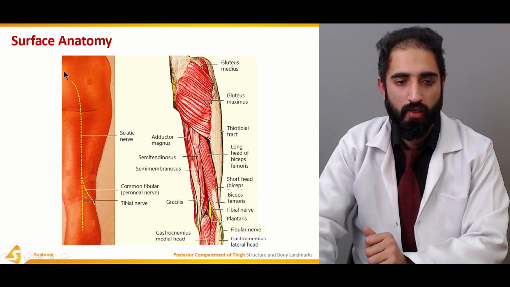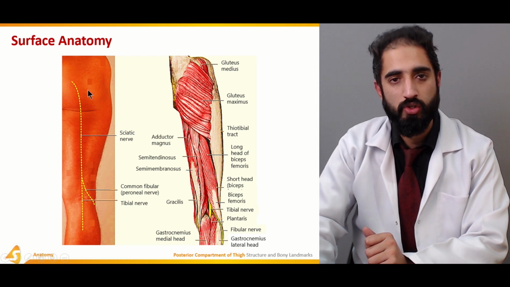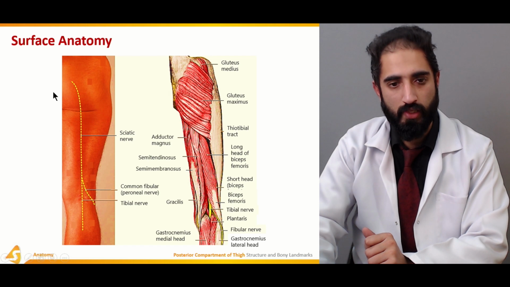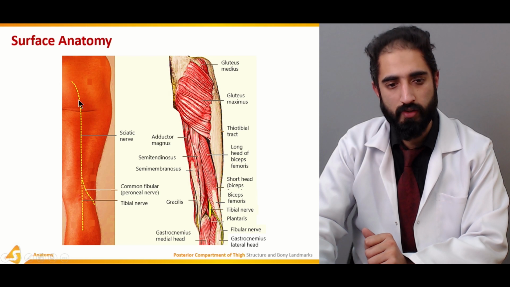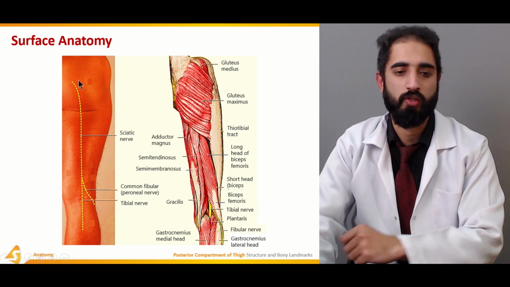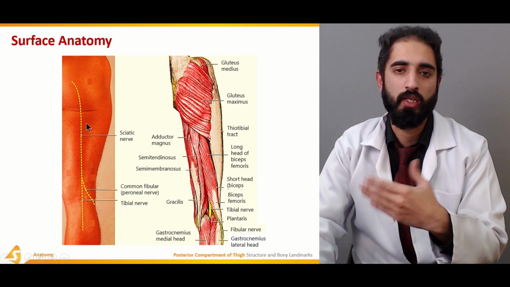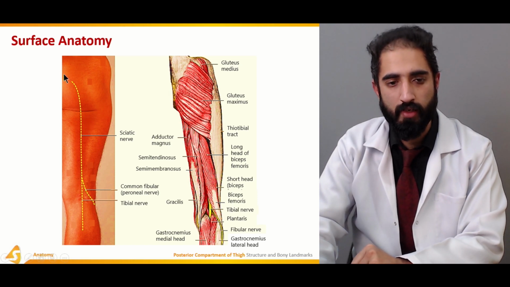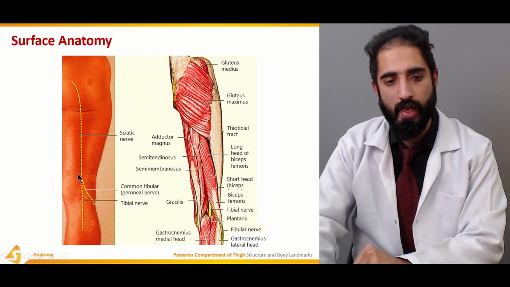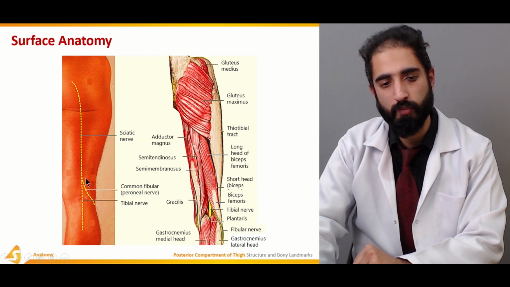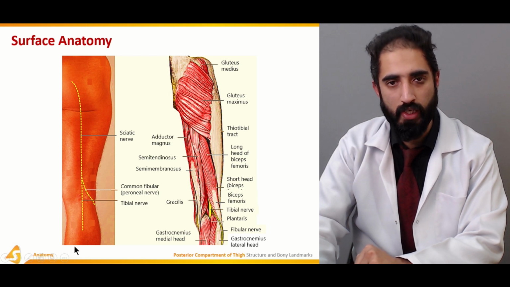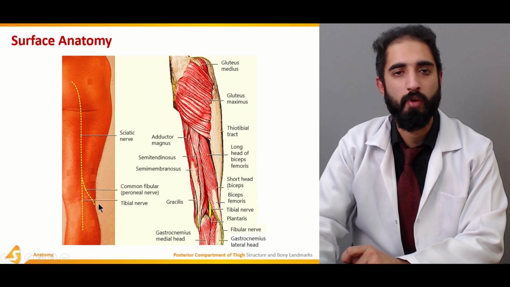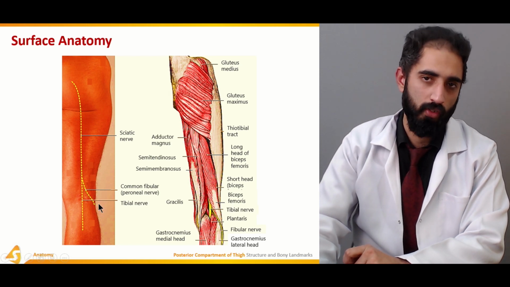If you take a look here, this is the gluteal region, and this one is the posterior thigh, and between them we have the sciatic nerve, which passes through this region and lies over the adductor magnus. It passes through the posterior aspect of the thigh, and by the end of the thigh it terminates into its two major branches. One is the tibial nerve, which passes between the popliteus, and one is the common fibular nerve, also known as the common peroneal nerve.